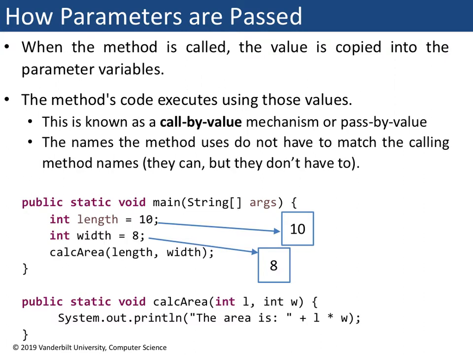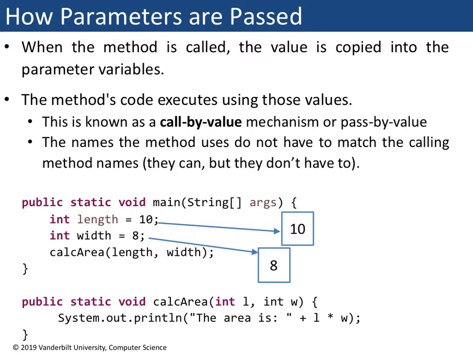Notice in the declaration of the calc area method, we have two parameters, an integer L and an integer W. And those are the names of the variables, L and W. So we changed it slightly from the previous version in the previous slide. Inside the method, we have a print line statement, which displays the string "the area is" and concatenates that string with the value which results from multiplying L times W. So, in the case where L was 2 and W was 5, it would be "the area is 10."